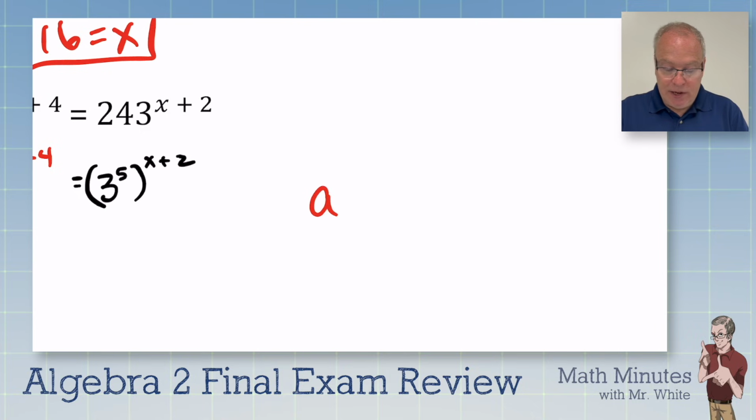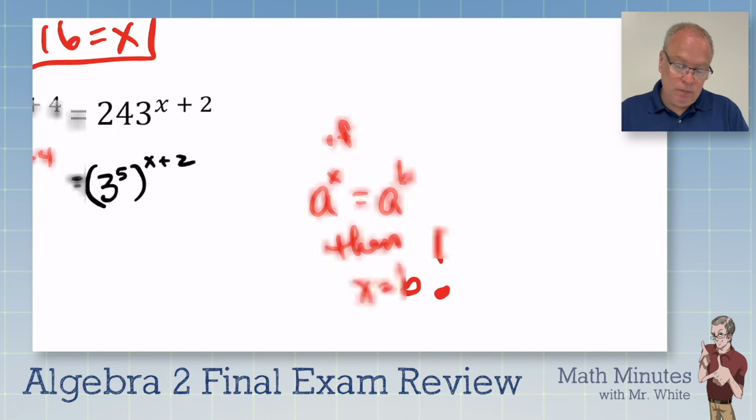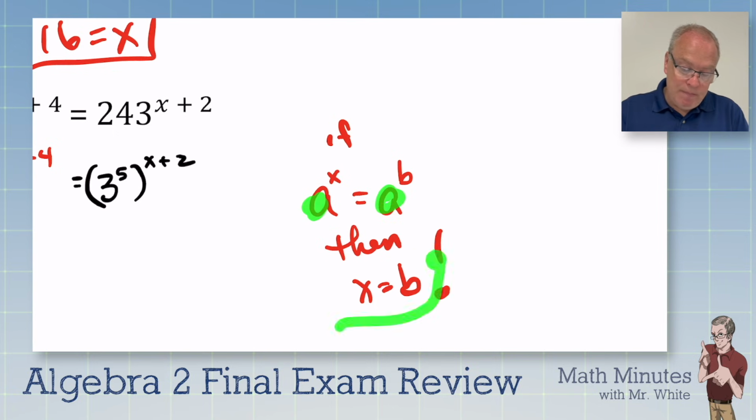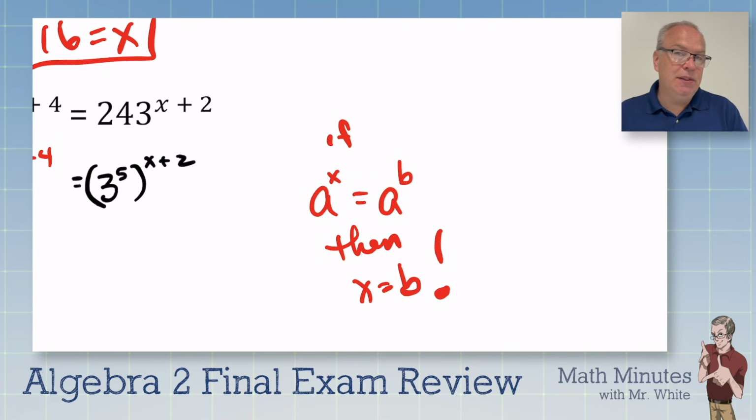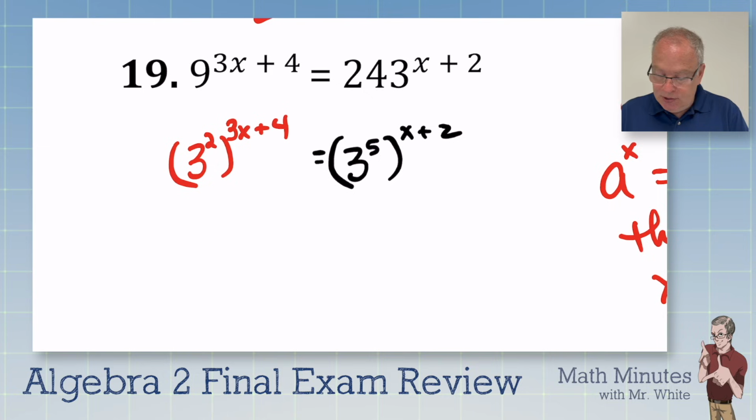Let me come over to the side here. So if a to the x equals a to the b power, then x equals b. If the bases are the same, then you just set the exponents equal. That's why I chose to get the bases the same, because it really does make our life pretty easy here.